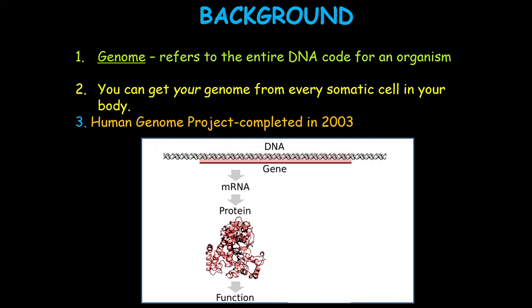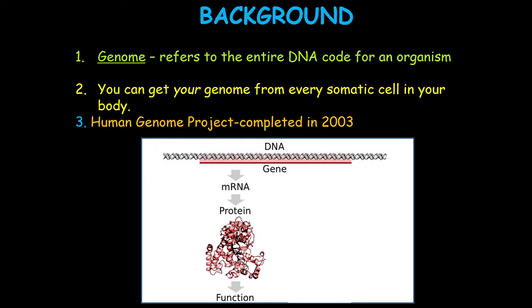Every cell in your body that's a body cell or a somatic cell, which would include hair follicle cell, skin cell, lung cell, kidney cell, ovary cell, muscle cell, any one of those regular cells, actually has a complete set of your genome. We could clone you from just one cell.